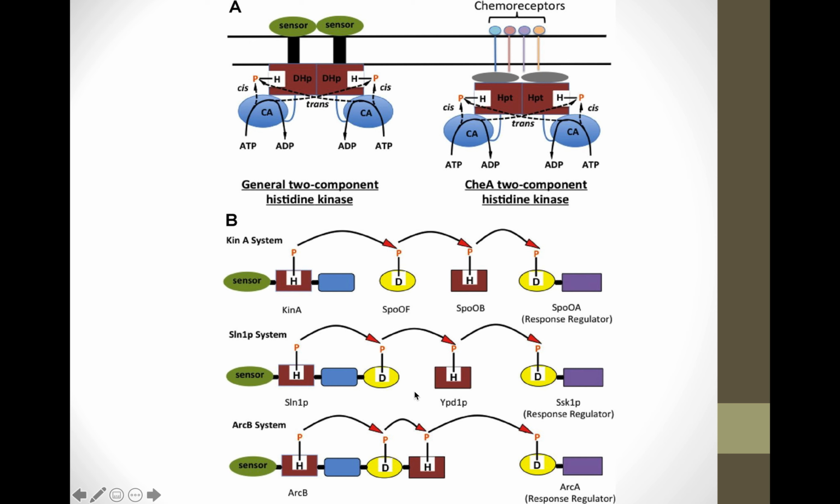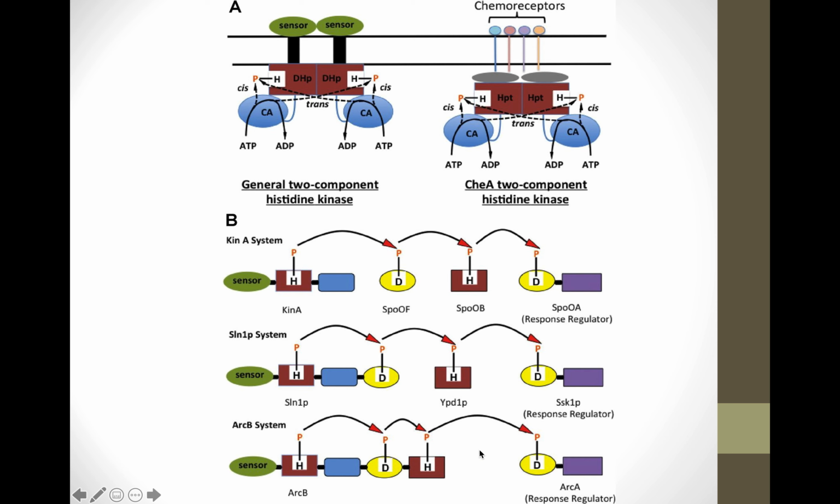The second one is the classic case, whereby after the phosphorylation, one of the proteins stays there to receive the phosphotransfer, and then conveys it to the response regulator for the activation of another gene.